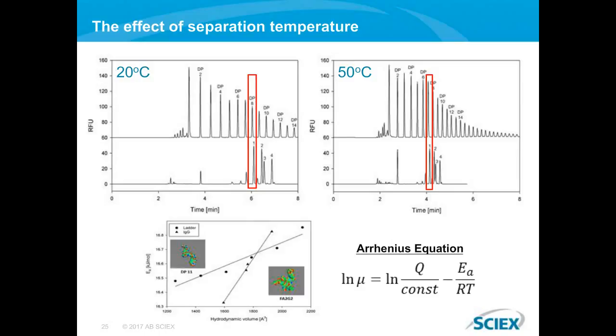And if you actually use the Arrhenius equation to understand the activation energy requirement of these different structures for the electrophoretic movement, what happens is that for the linear or helical structures, malto-oligosaccharides, and the branched structures, the activation energy requirement is completely different. You can see from these 2 lines that even a couple of degrees of centigrade change, if you can't control it well, will shift the glucose unit value, which means that you call the wrong components.